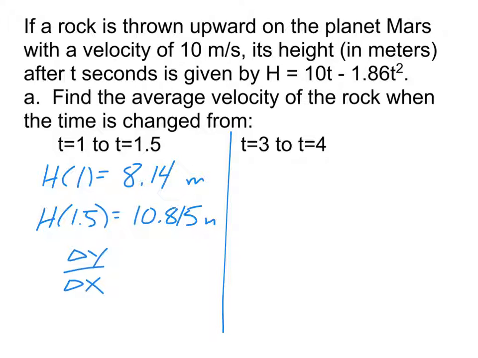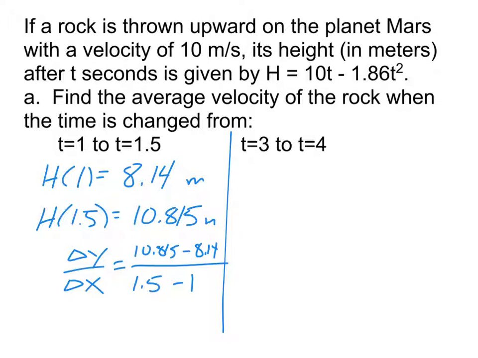And now we can actually use the slope formula. So delta y, that means we do 10.815 minus the 8.14 over, now subtract the times as well. Make sure you go in the same order though. I used the second number minus the first number, so I have to go the same order this time. That's going to be 1.5 minus 1.